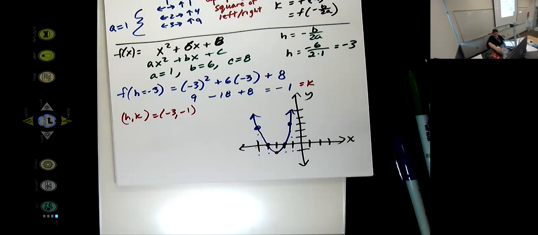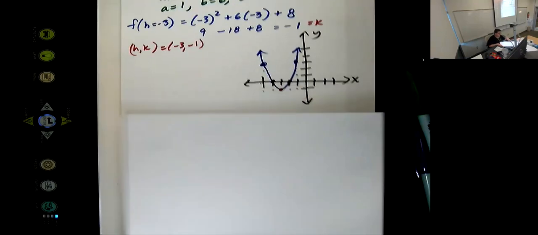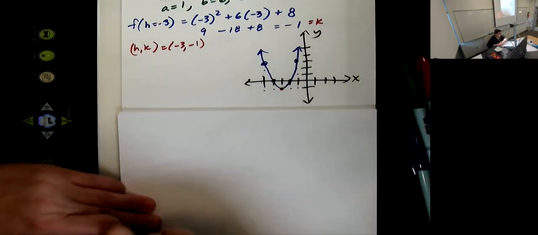What we're going to talk about with this problem. Okay, so we had x squared plus 6x plus 8.